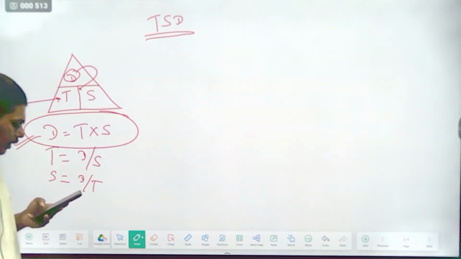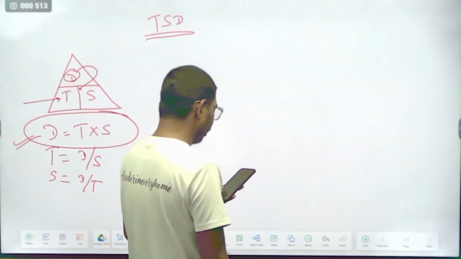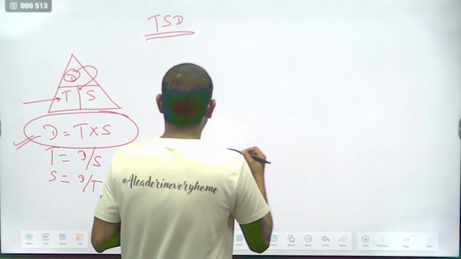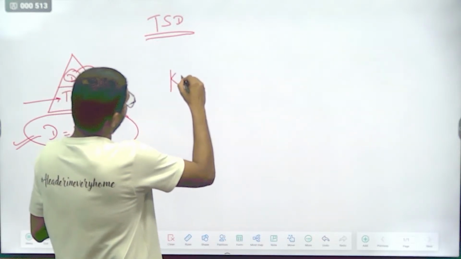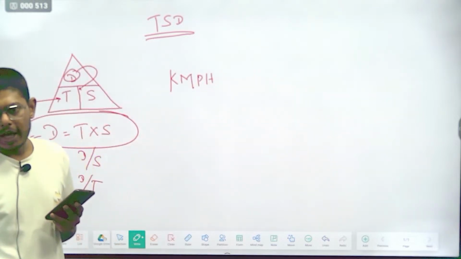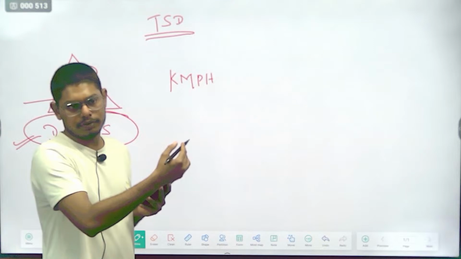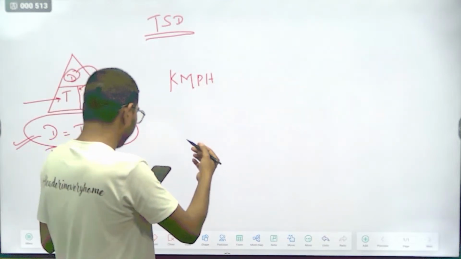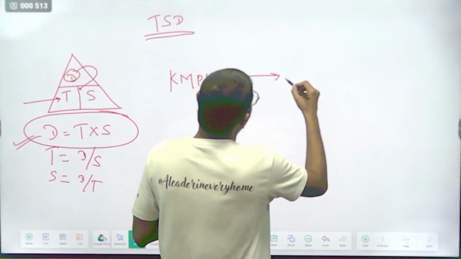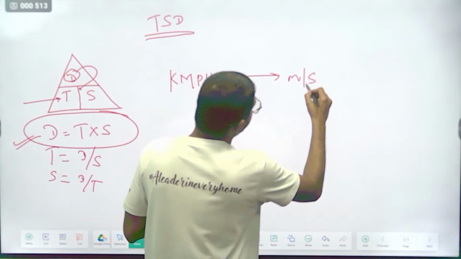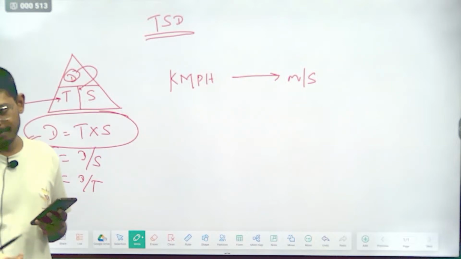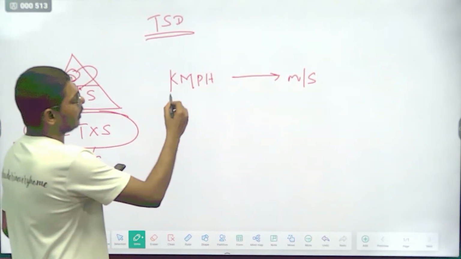Then the next concept is about the conversion units. If you have kmph, kilometer per hour, and you want to turn kilometer per hour into meter per second, what do we do? 5 by 18, right?